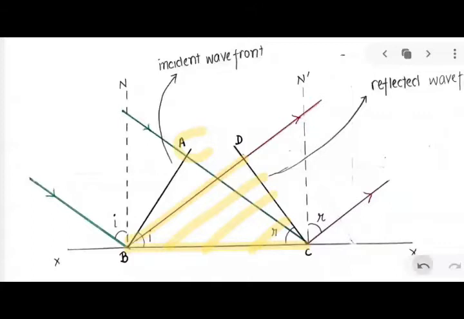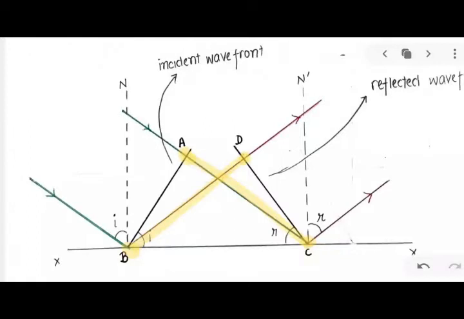Now, during the time when the disturbance reaches from point A to C, what happens? The disturbance from point B will reach the point D.